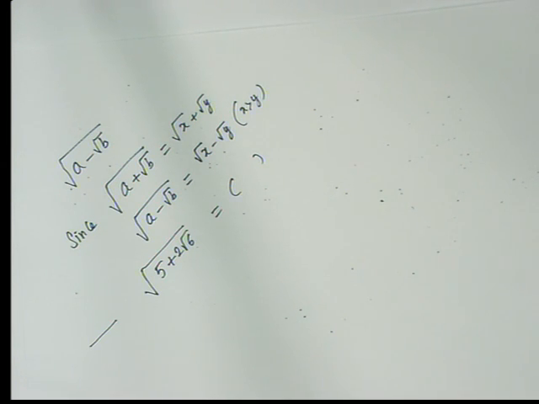So, we get 5 plus 2 root 6 is equal to x plus y plus 2 root x y. Comparing rational and irrational terms on both sides, we get x plus y is equal to 5 and 2 root x y is equal to 2 root 6. So, we get x plus y is equal to 5 and x y is equal to 6.